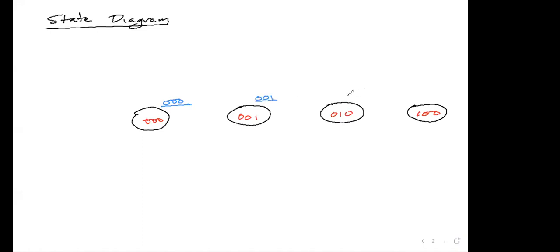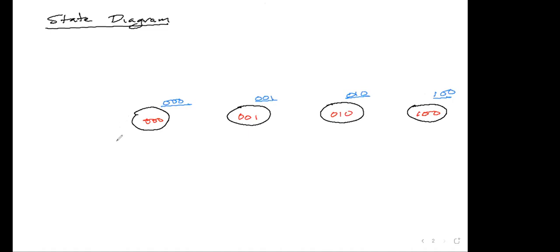But my output is the same as my state, and you'll see when we join the circuit how handy that comes in. All right, so these are my four states, and these are my four outputs that I would want in the system.